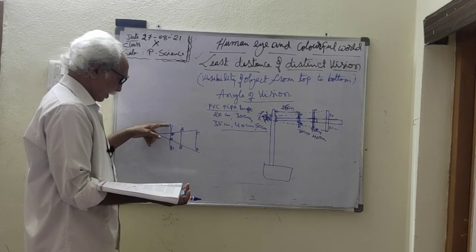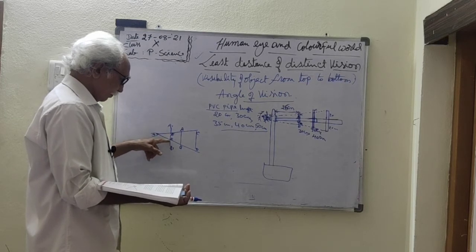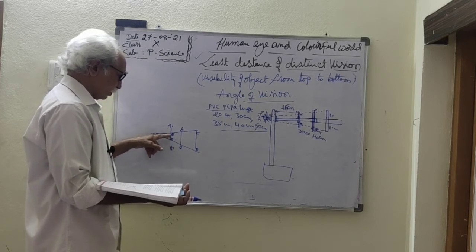The first, A dash E, is not visible, B dash F is not visible, only F is visible.